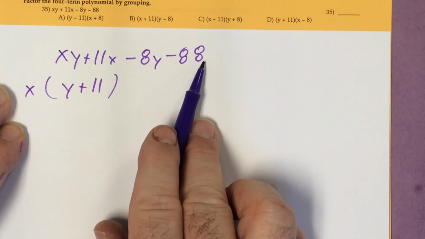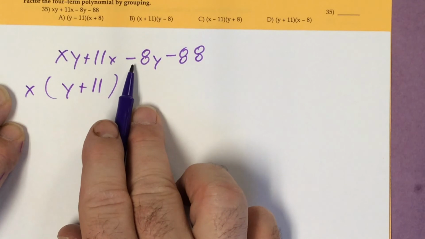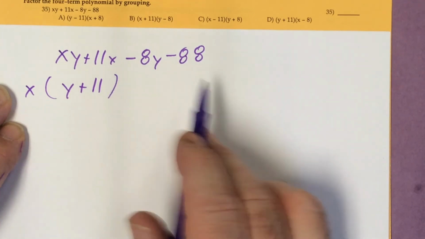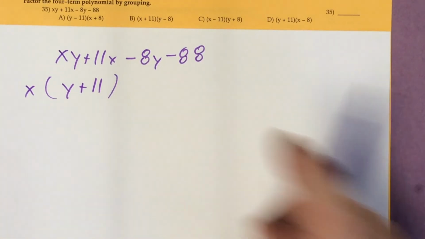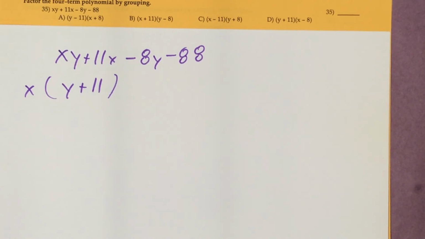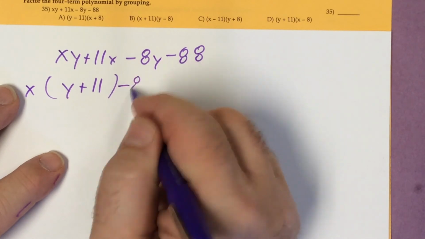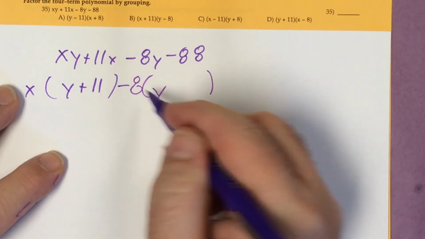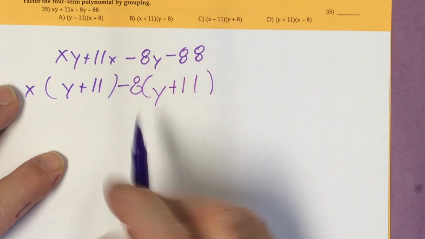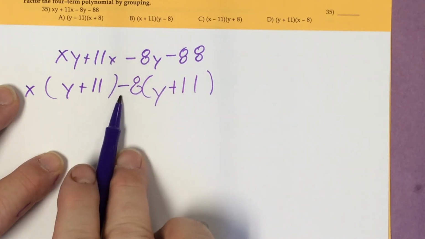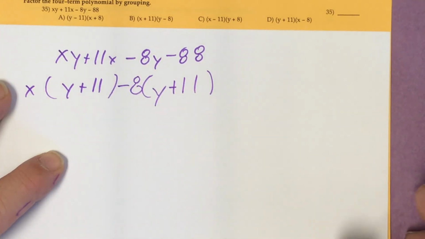We should be able to factor out an 8, but specifically a negative 8, because we have the first term being negative. So I'm going to factor out a negative 8 here. That's going to give me y plus 11. The reason this becomes positive is because I factor the negative out since both parts are negative.